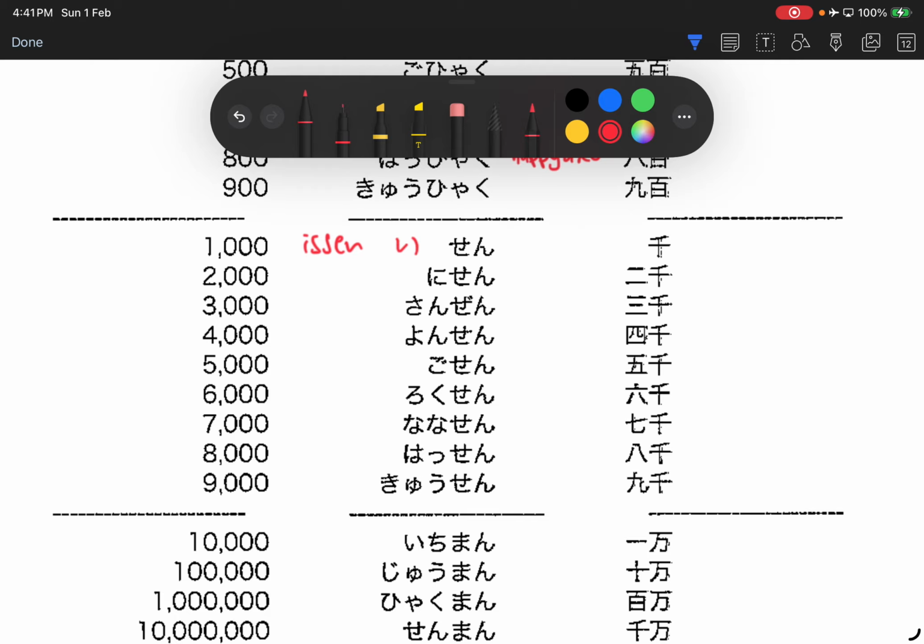As you can guess, it's a double consonant sound, 2 S's. If you write it in hiragana, it will be like this. That means 1000. But usually when we want to tell someone it costs 1,000 yen, we will just say sen yen.